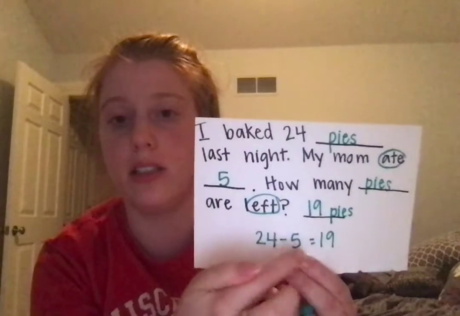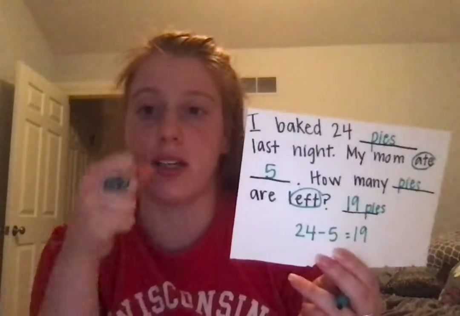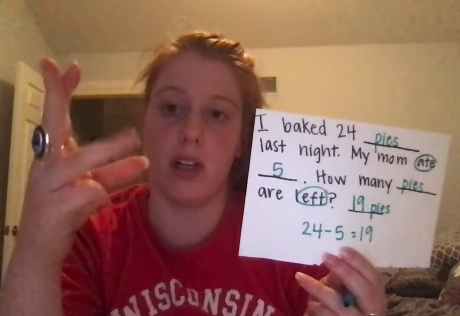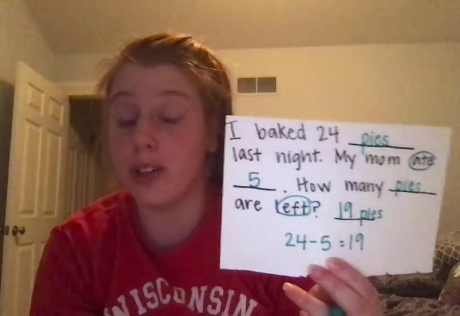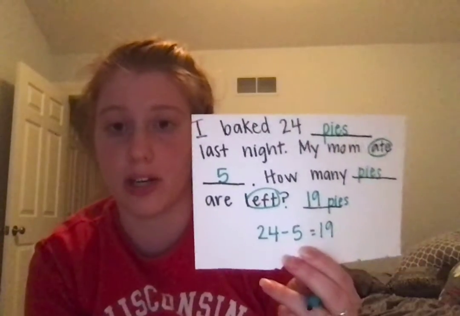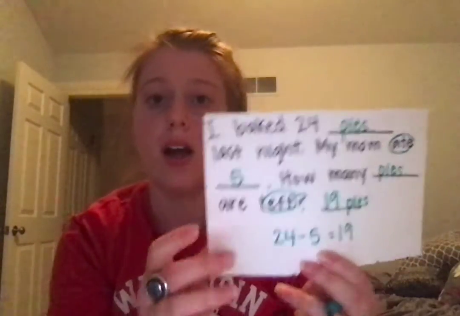So 19 plus 5 is 19, 20, 21, 22, 23, 24. So that means that our answer is correct. You also might have drawn a picture, and that's a great strategy too. All right.